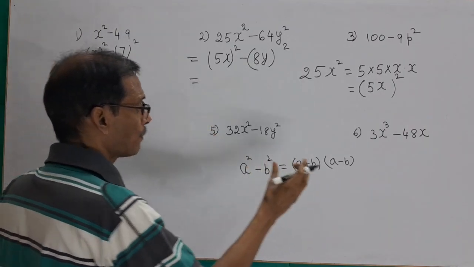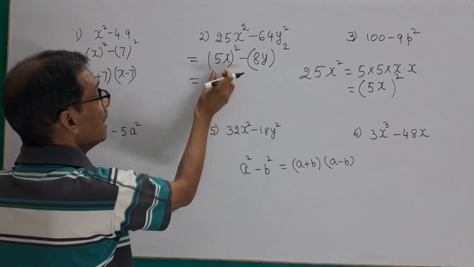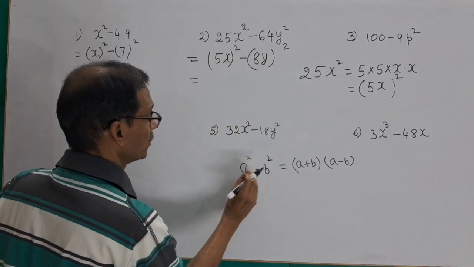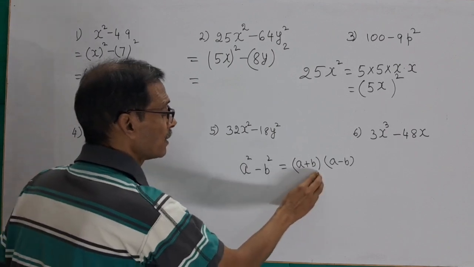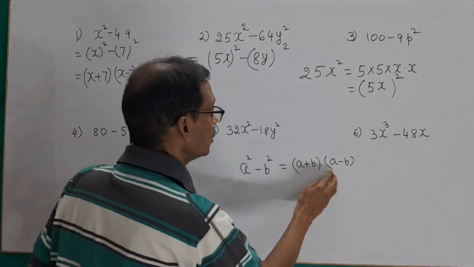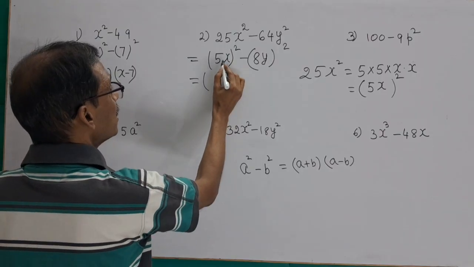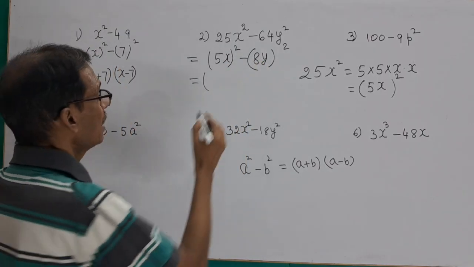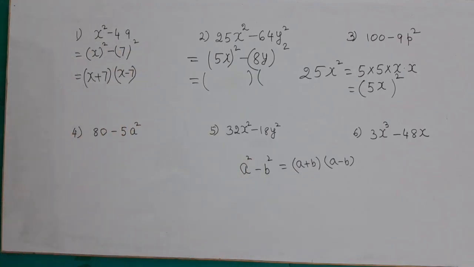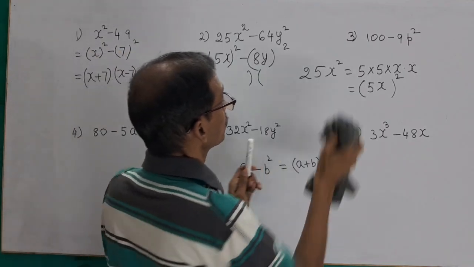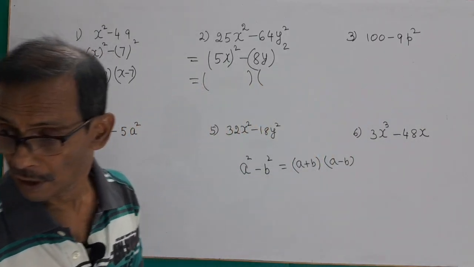Now applying the same identity a square minus b square. See, something square minus something square equals first thing plus second thing into first thing minus second thing. So first thing is 5x, second thing is 8y. You understood how we did 64y square also.